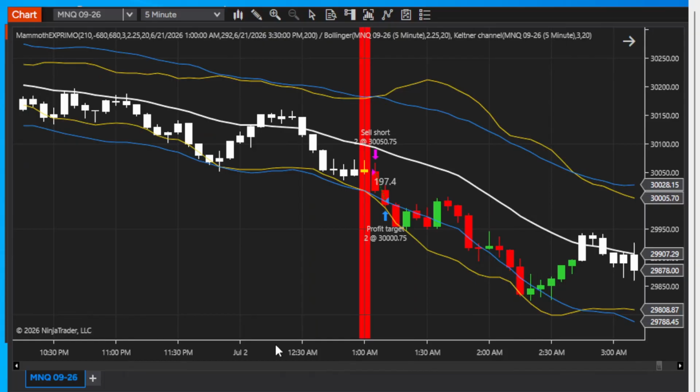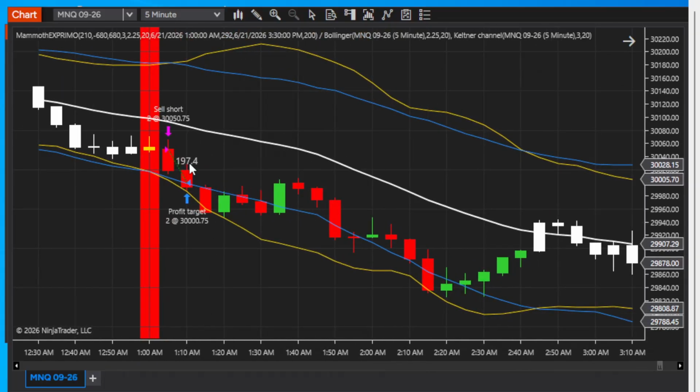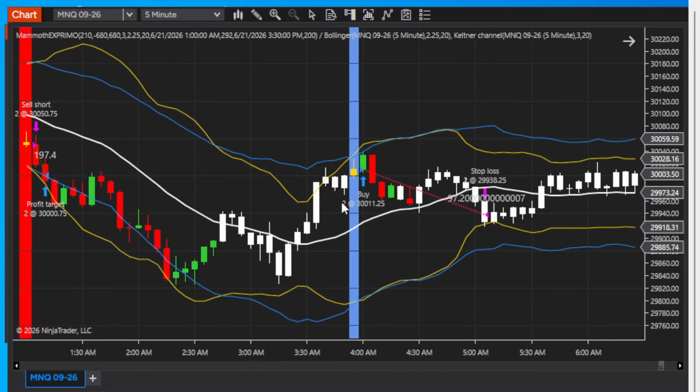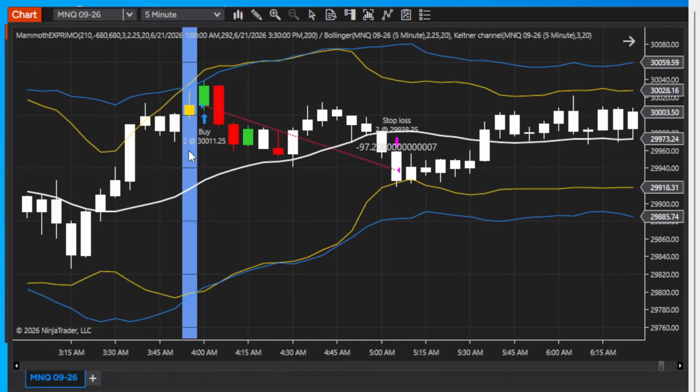You got a profit of $197.40, based on 2 contracts, as it says right here. The market started moving and went inside of a channel, and all the bars are painted in white until there's a cross right there.